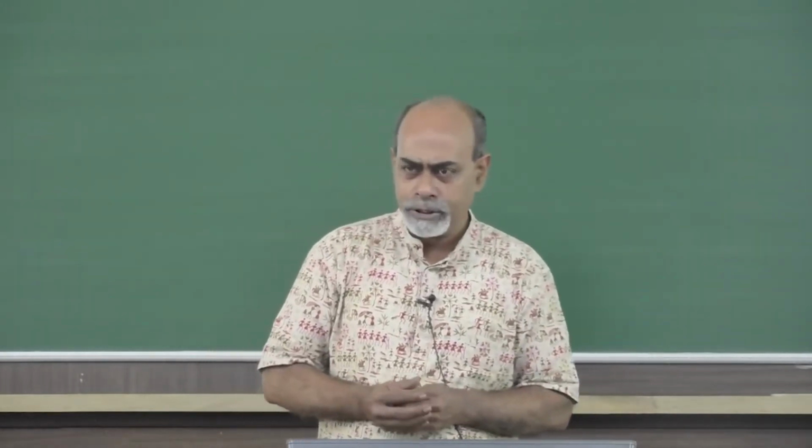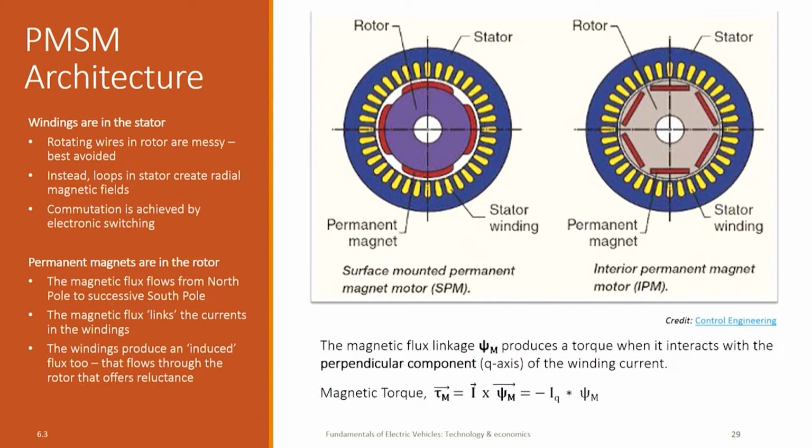And this torque production you are already familiar, it is called the magnetic torque, and we can resolve the current flowing through the wire into 2 components, one which is parallel to the magnetic field, another which is perpendicular to the magnetic field, and the component that is perpendicular is what results in magnetic torque production. All of this we have already covered in the case of the PMDC motor, and similar thing will be happening here, there is no difference.